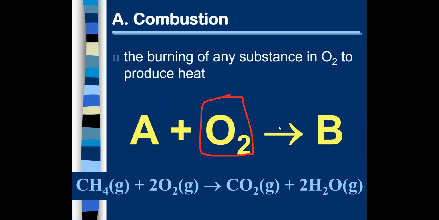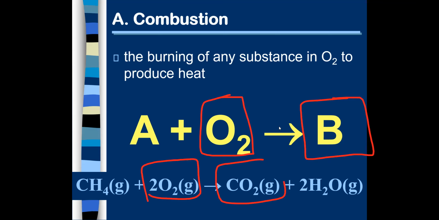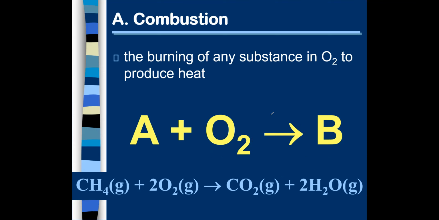If you have oxygen over here as one of your reactants, and your products contain oxygen, then you have a combustion. So that's our first one. It's called combustion because to combust, or to burn, you need oxygen. Just remember that.